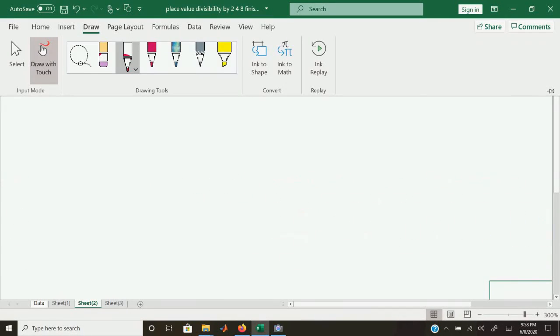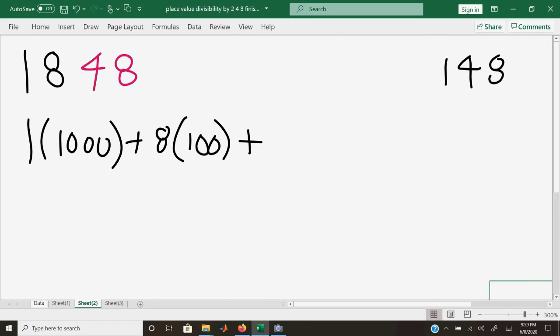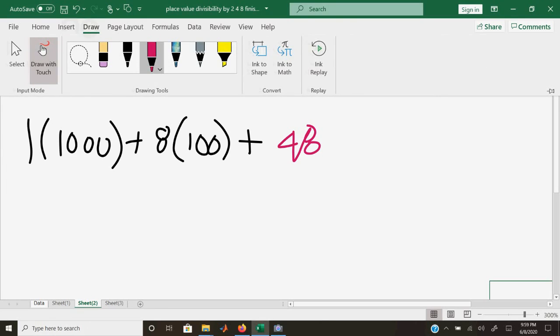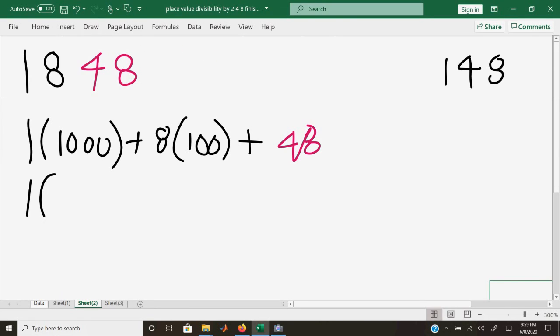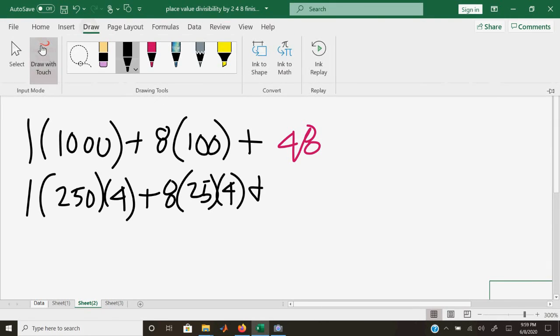But if I think of it this way, 1 times 1,000 plus 8 times 100 plus 48. And then I think of my 1,000 as 1 times 250 times 4 plus 8 times 25 times 4 plus 48.